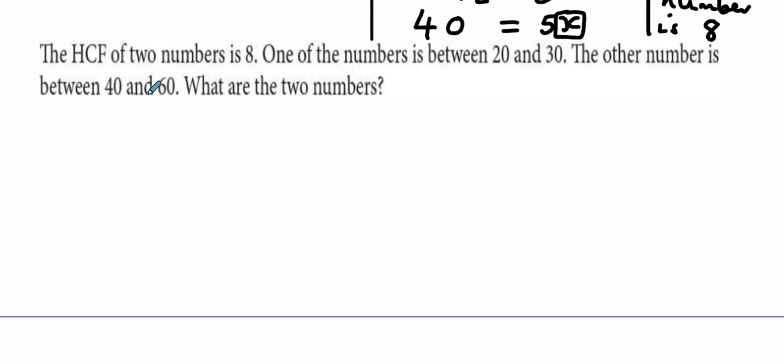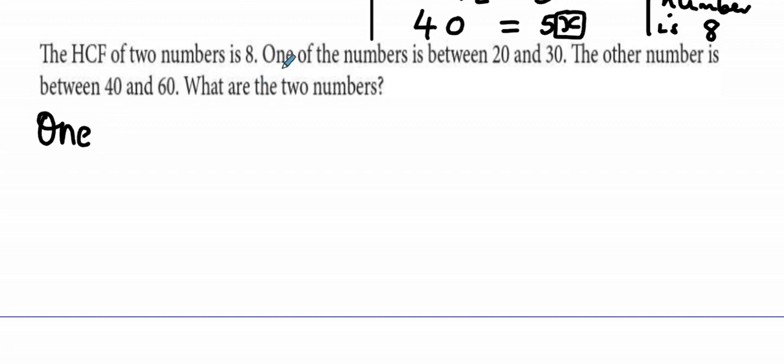All right, so far so good. We have this one. The highest common factor of two numbers is 8. One of these two numbers is between 20 and 30. Okay, so let us find what those two numbers are.